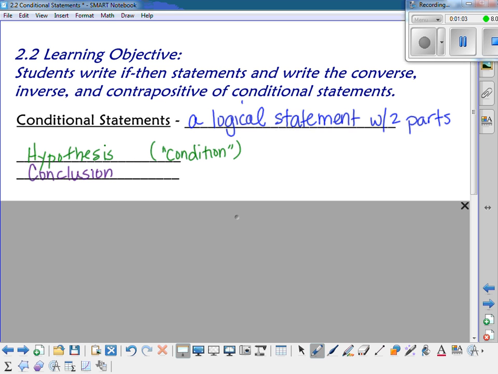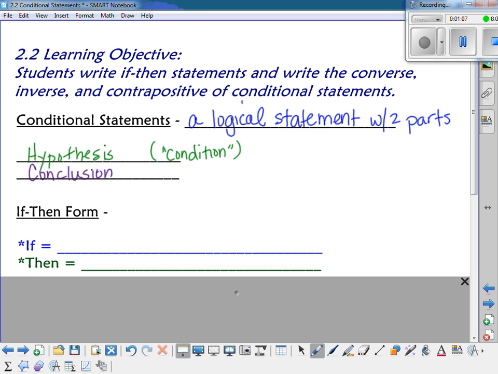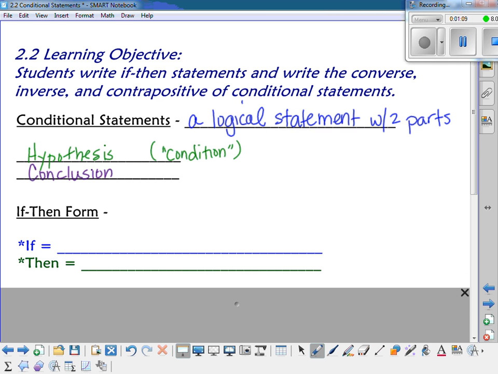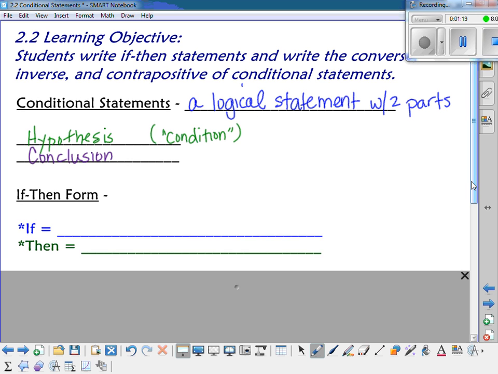So we have two parts. We have a hypothesis and a conclusion. And in general, we are going to be writing them in if-then form. So if-then form basically is if this, then that.